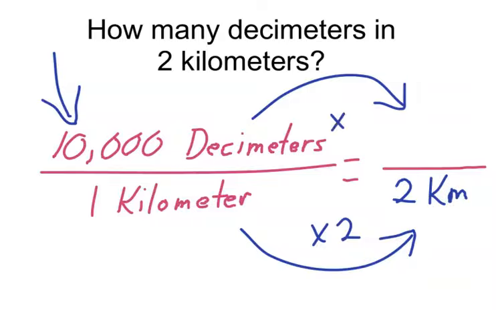That's going to be times 2. 10,000 times 2 would be 20,000, right? So I have to write kind of small because we don't have as much room. Okay, and that would be dm for decimeters. So there's 20,000 decimeters for 2 kilometers since there's 10,000 decimeters for 1 kilometer. And that's all we have for that one.